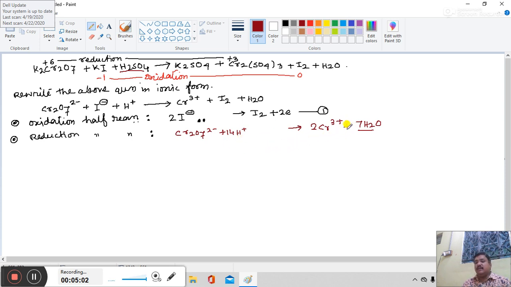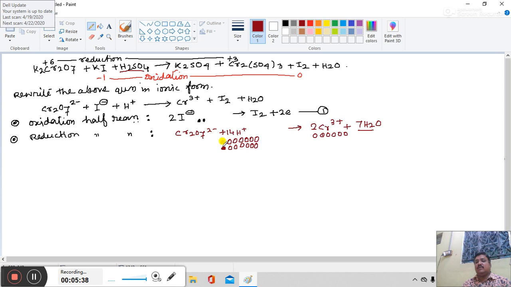After balancing the equation atomically, charge balance is required. Cr3+ means a deficiency of 3 electrons. 2Cr3+ means a 6 electron deficiency on the right hand side. 14H+ means 14 electron deficiency on the left hand side, and Cr2O7 2- means 2 electrons come on the left hand side.